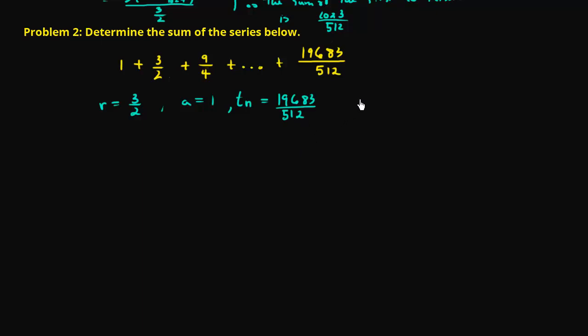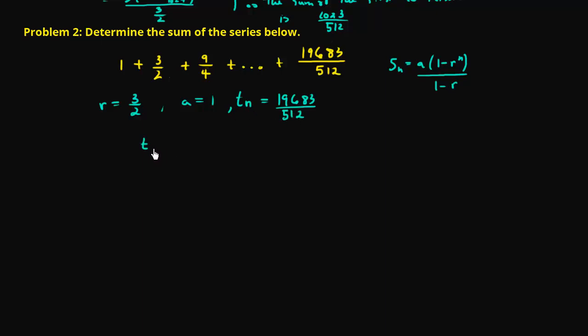Now, remember that our formula for summing a geometric series, the one that we derived, is S sub n is equal to a times 1 minus r to the power of n over 1 minus r. So in this formula, I need to know how many terms are in the series in order to compute this sum. So I have to figure out what the value of n is for this term here.